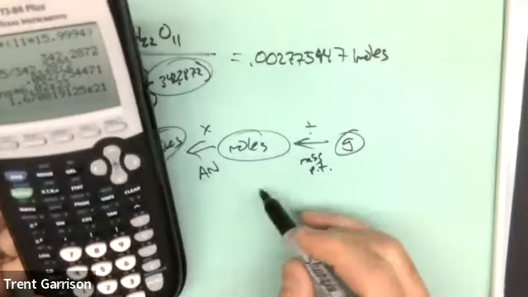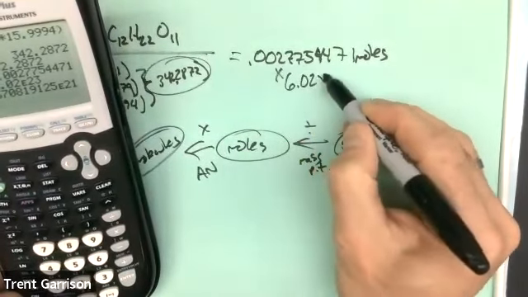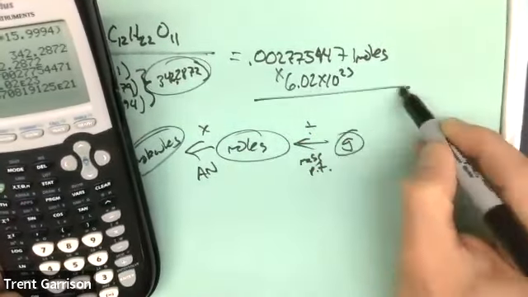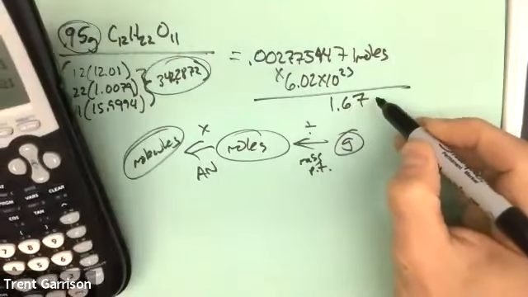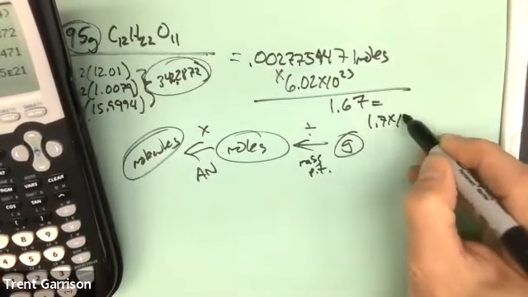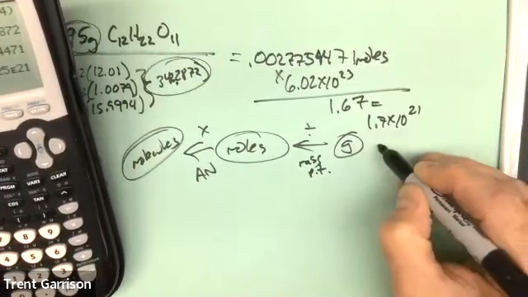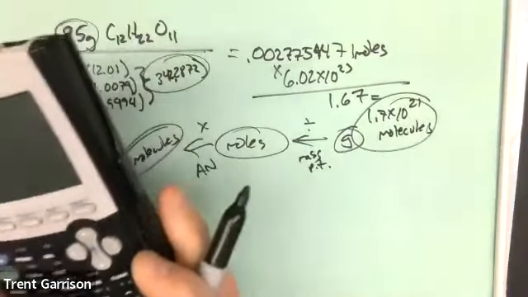And what you get is 1.67, and it's 2 significant digits, so it's actually going to be 1.7 times 10 to the 21st molecules. And that's our final answer.